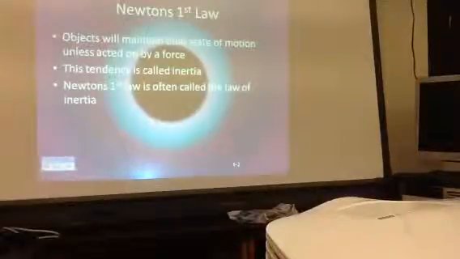So let me ask you this. If I have, in a frictionless vacuum, a ball of some mass rolling along the ground, it is rolling at 100% constant velocity. It's not slowing down, it's not speeding up, it's not accelerating in any way.